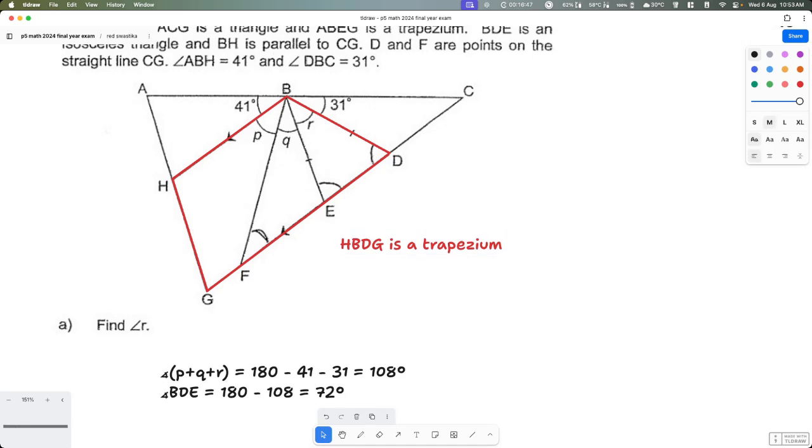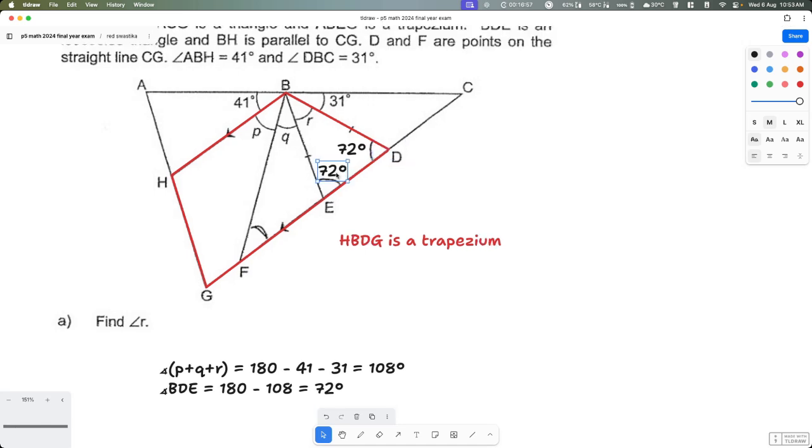So that means BDE is 72 degrees, and this is also 72. From here we can get R as well.